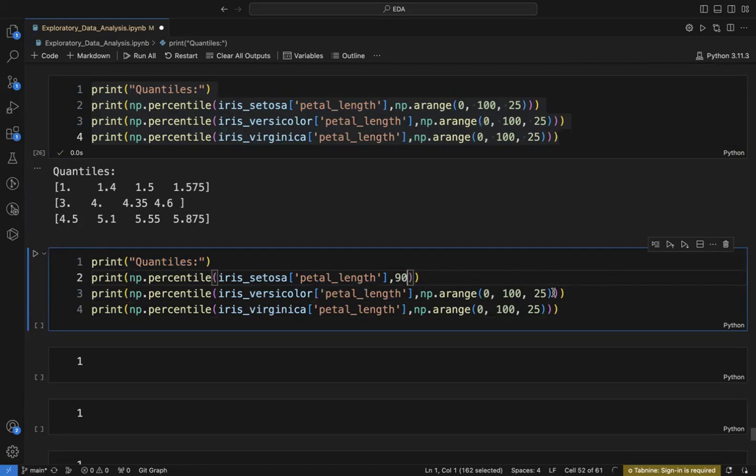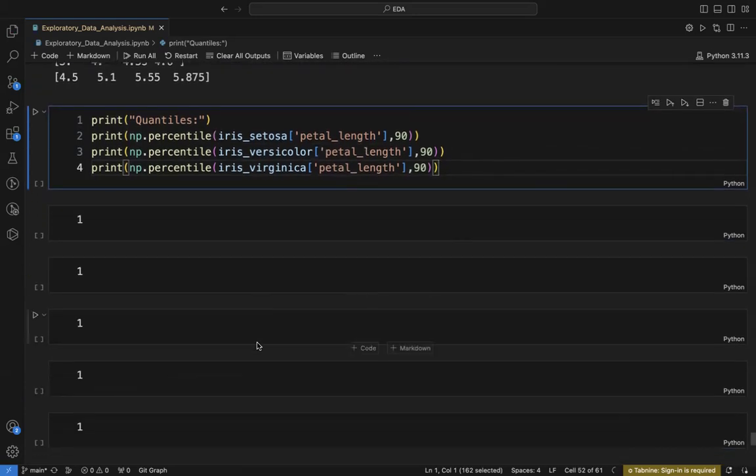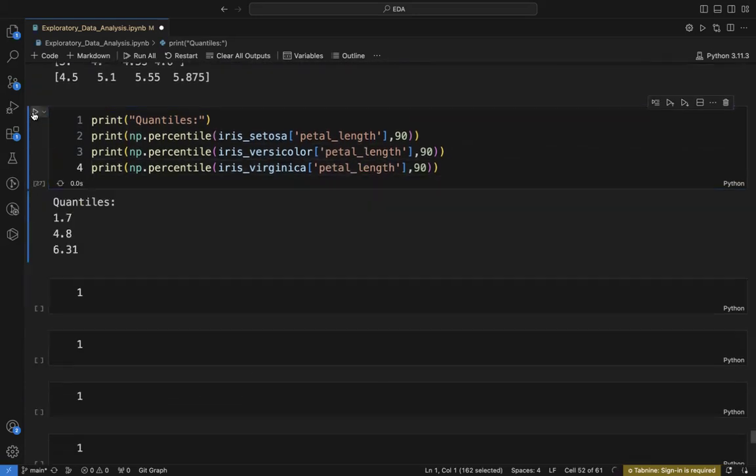Here also I will write 90. Let's delete this and write 90. Here also just delete it and write 90. Fine. If you write this and run this piece of code, you are getting this output.